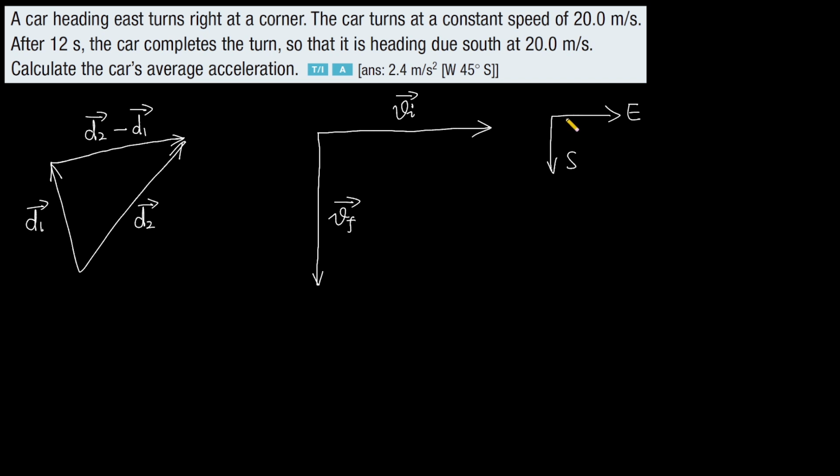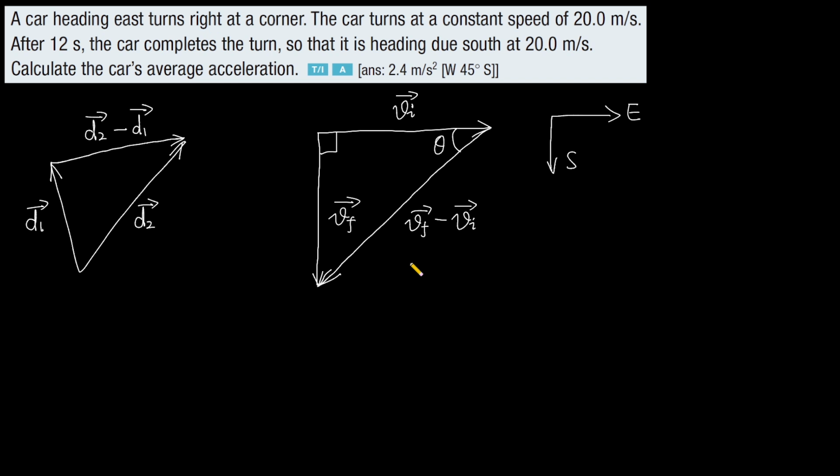The car heads east initially, then it turns, then it heads due south. Then this vector is just the final velocity minus the initial velocity. And this angle is theta. This is a right angle.